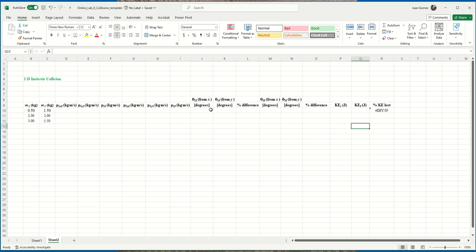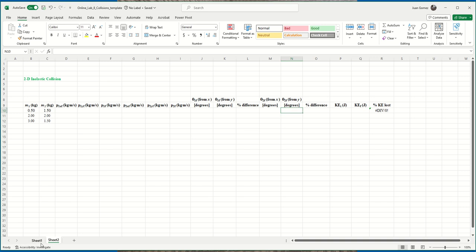Now remember the equations for theta 1 final from X and theta 1 final from Y. Notice all the cell references are the same. The formula here refers to J10, K10, M10, N10.